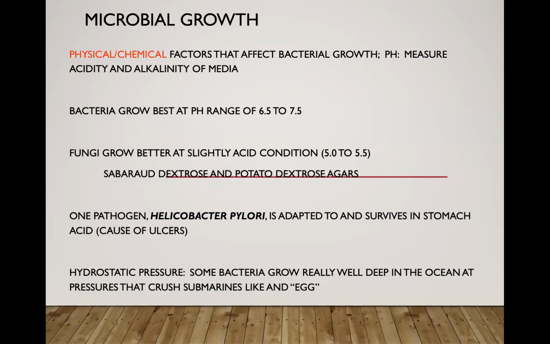Solutions from 0 to about 6 are considered acids, and solutions with a pH greater than 7 up to 14 are said to be basic or alkaline. Solutions at or around 7 are said to be neutral, and those include things like water and our blood. Those are neutral solutions. And so fungi are a type of microorganism that can grow in slightly acidic environments.